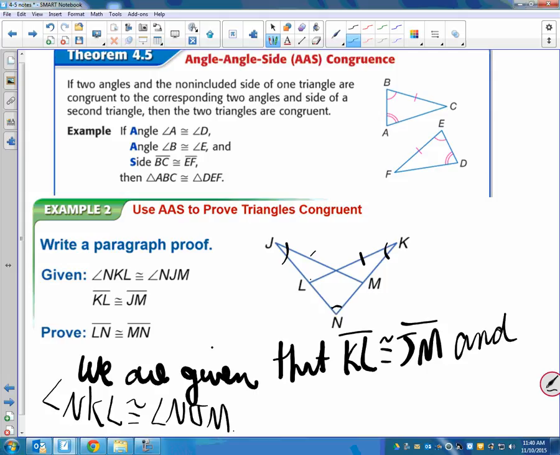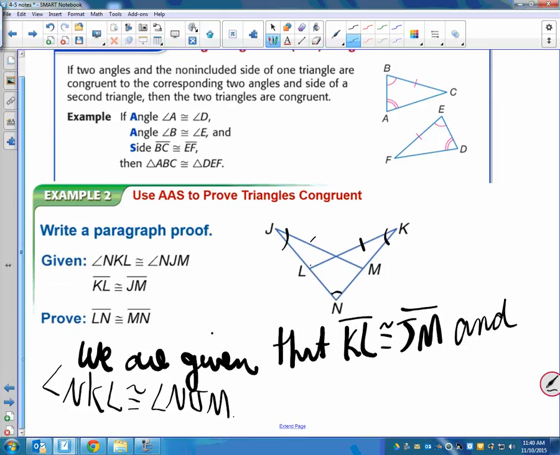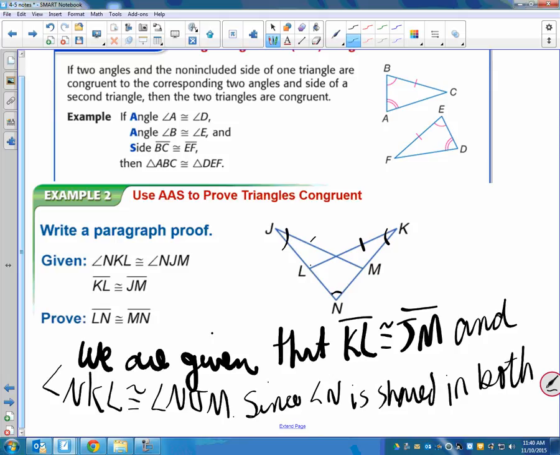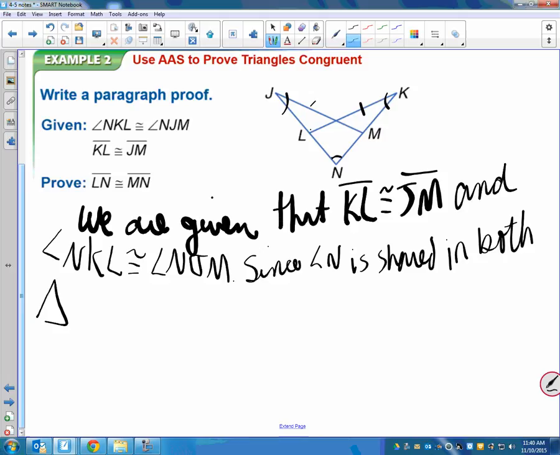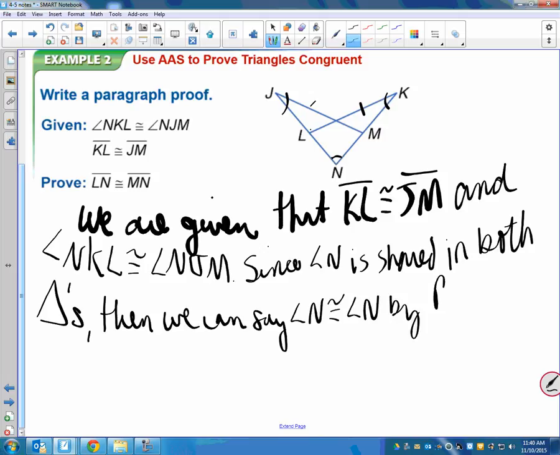Yes, it's the same angle. So what would I say here? Should we write out the three letters, or can we just say? I'm gonna be real wordy here, okay? Since angle N is shared in both triangles, then we can say angle N is congruent to angle N by the reflexive property.